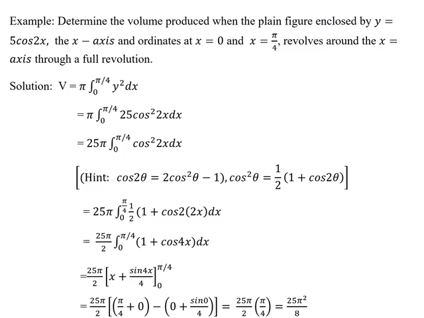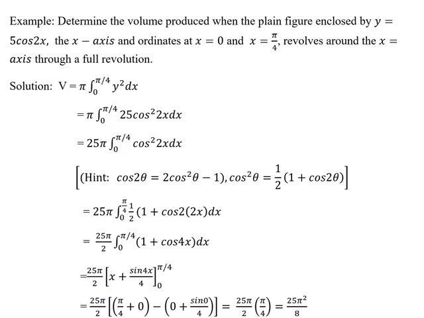Then we have it as pi integral, where we have 5 cos 2x. We have to square it because y is squared. So squaring it, we have 25 cos squared 2x dx. Then we take the constant outside, which is 25. We have it as 25 pi integral cos squared 2x dx from 0 to pi all over 4. So we now integrate.